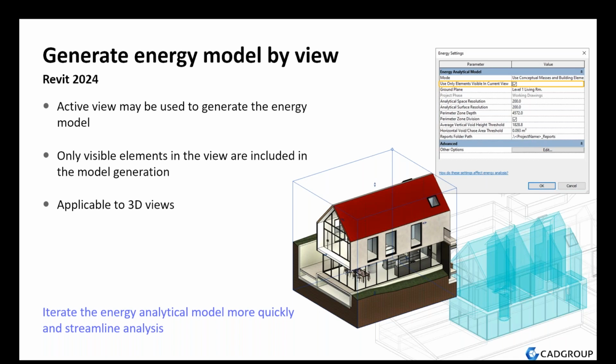So you can set up a 3D view, use visibility graphics, hide elements, use section boxes and so forth to selectively hide or show bits of the model, and then when you export that energy model, the bits you don't want will not be exported.